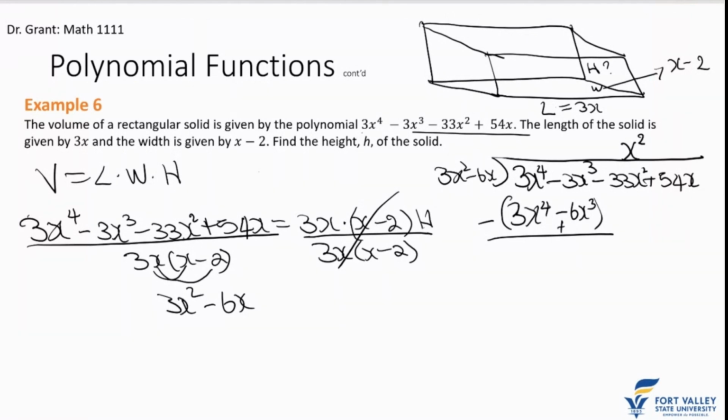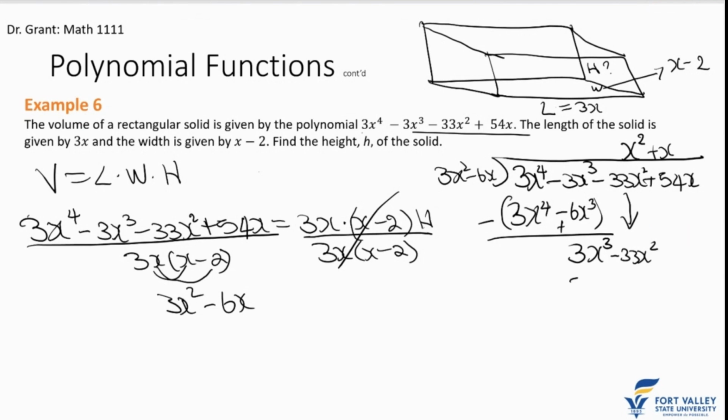So this becomes 3x cubed. I bring down this 33x, oops, this should be cubed. Okay, so then 3x squared into 3x cubed, well, that's just going to leave x.